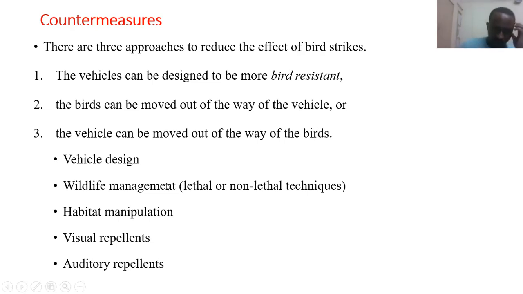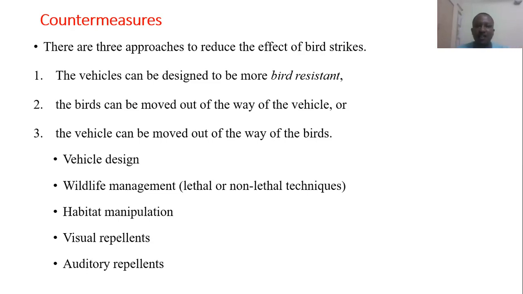When we say the vehicle can be moved out of the way of the bird, or the bird moved out of the way of the vehicle, there must be some mechanisms which can adjust the vehicle whenever the birds come, that can push the birds away from the vehicle's path, or divert the vehicle's path.